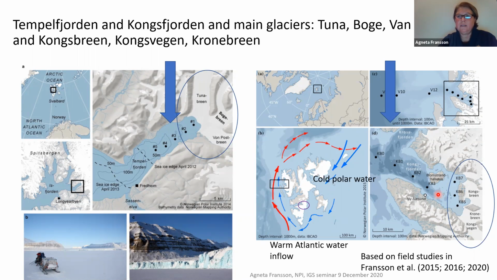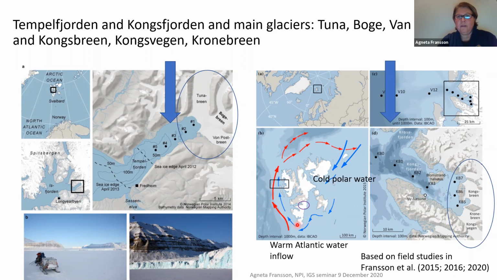Kongsbreen and Kronebreen are tidewater glaciers. There is also landfast sea ice in the inner part of the fjord, which also varies a lot between years.